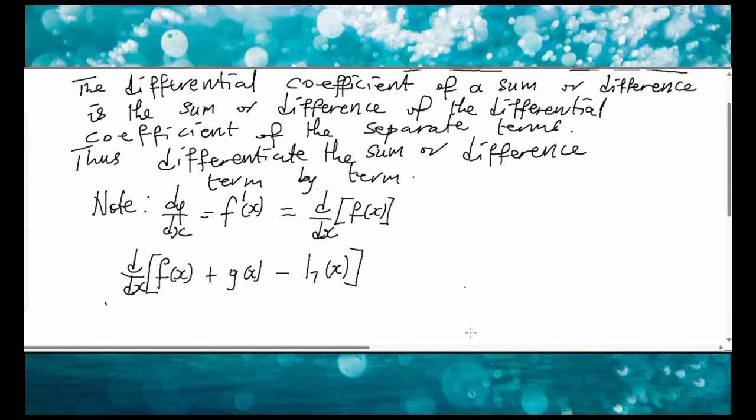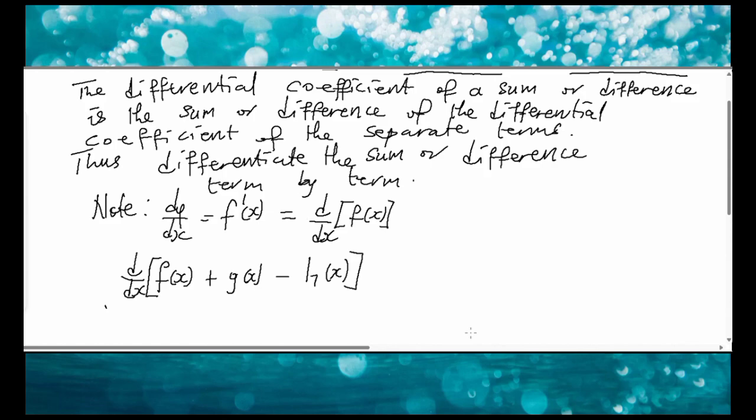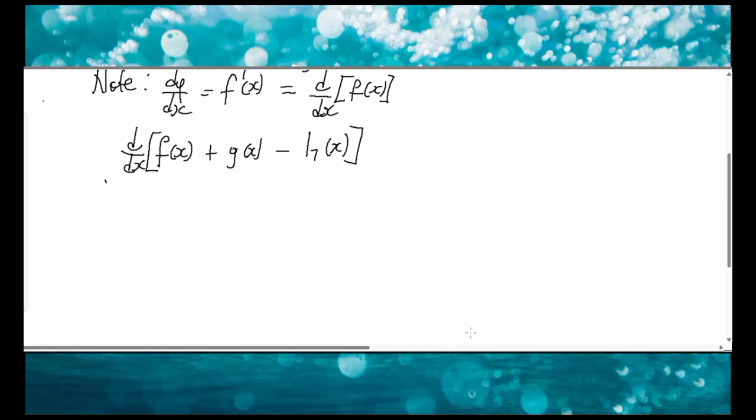But as what we read earlier says, we should differentiate the sum or the difference term by term. Because of that, you're going to apply the d dx to each of the terms in the bracket. There are how many? 1, 2, 3. Each of these terms separately.